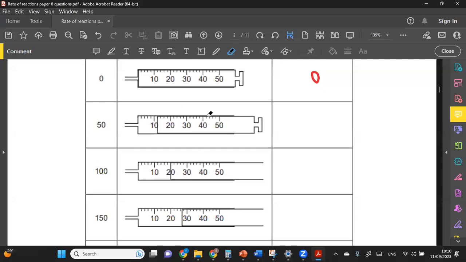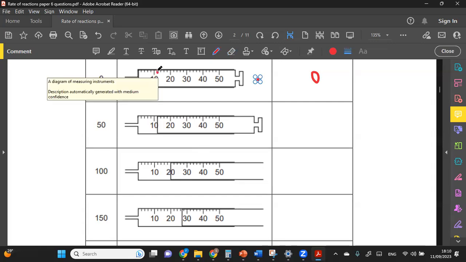Okay. I was asking you guys, when time is 50, what is the reading on this gas syringe? You said 11, it's not 11. Is it 12? You have to think about what this one small line stands for.